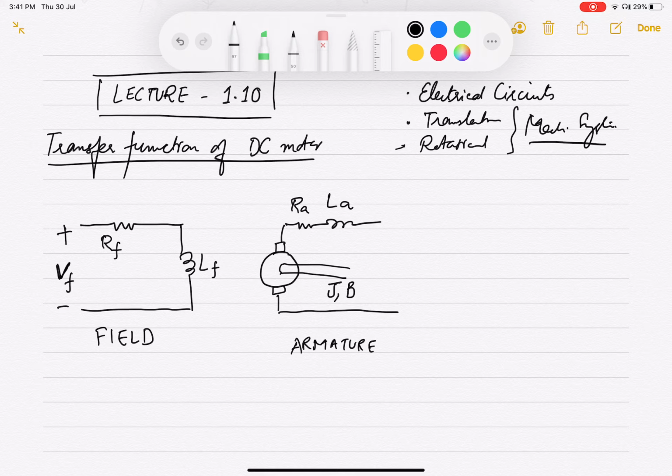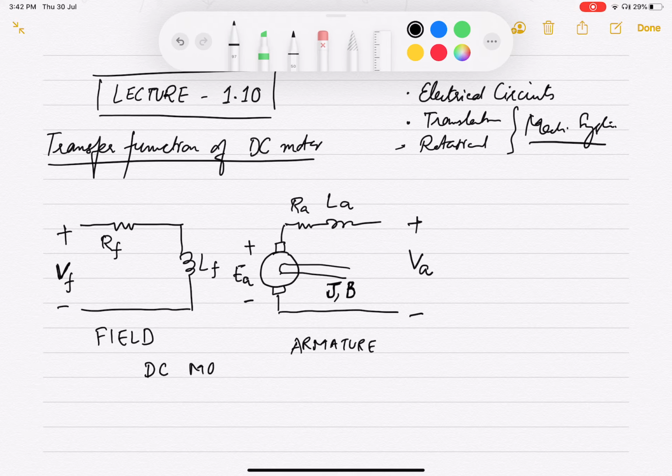So the mechanical load would be in terms of the moment of inertia J and the coefficient of viscous friction B. There is a back EMF that is generated because of the motion of the armature in the magnetic field, and that back EMF is labeled as Ea. The supply to the armature is the armature voltage, which is labeled as Va. So this is the basic circuit of a DC motor.